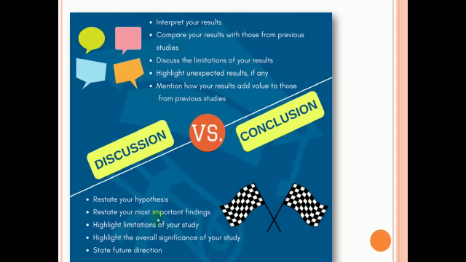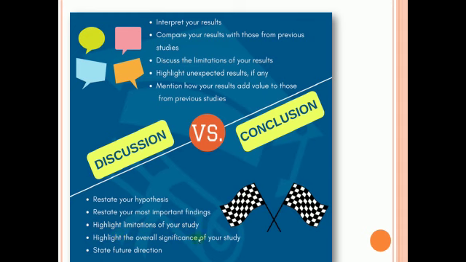As for the conclusion, it is in the second part, related to the conclusion section. Restate your hypothesis. So here we have to make contact with my hypothesis. Restate your most important findings. Highlight limitations of your study.